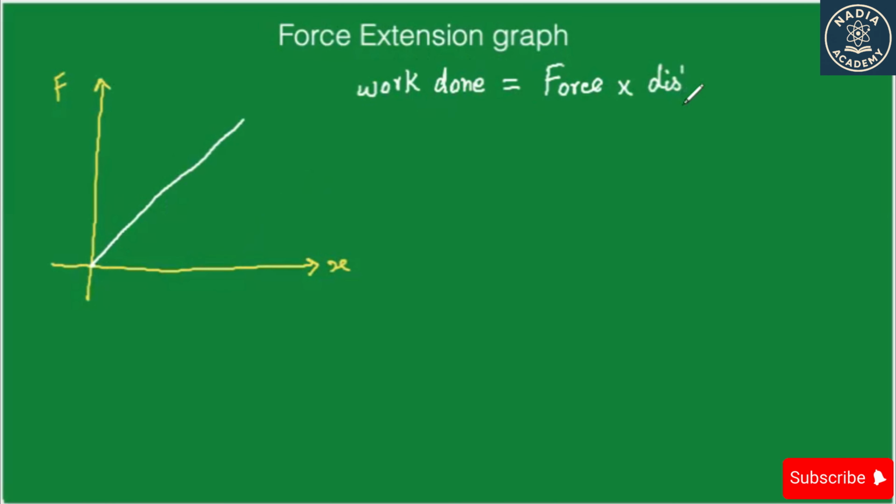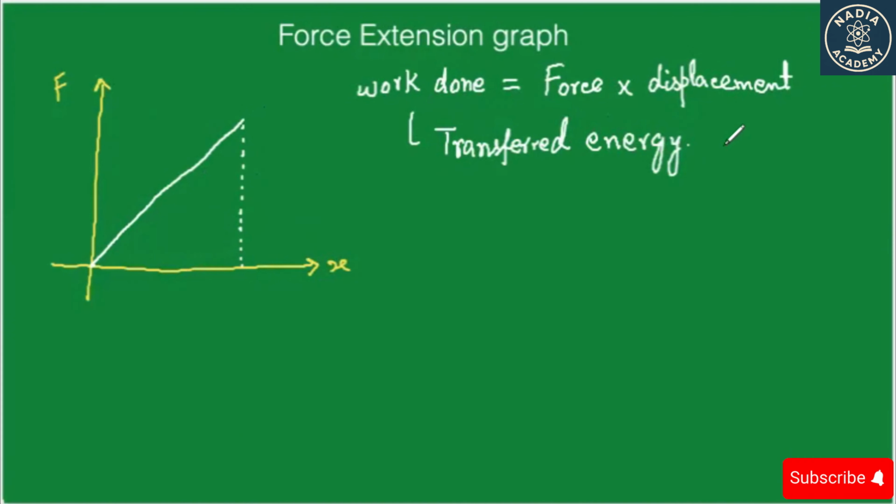So we can see from this graph that the work done must be just the area under the curve of the force-extension graph. Work done tells us the transferred energy, meaning how much energy has transferred from one store to the other.